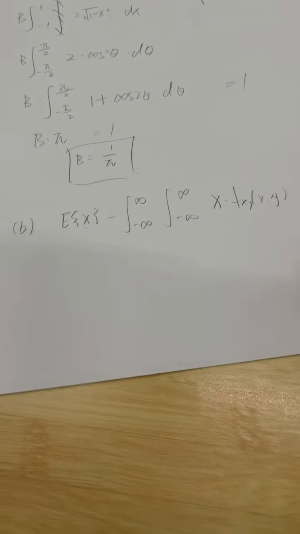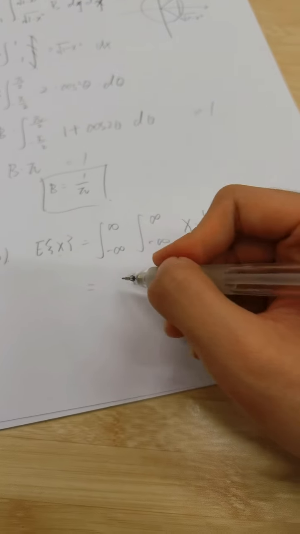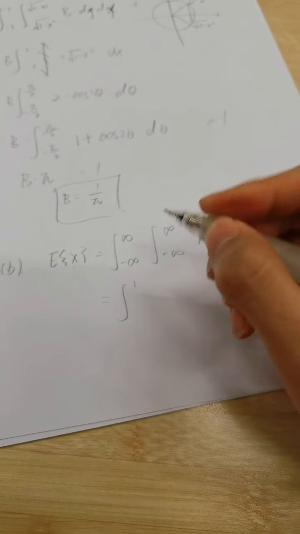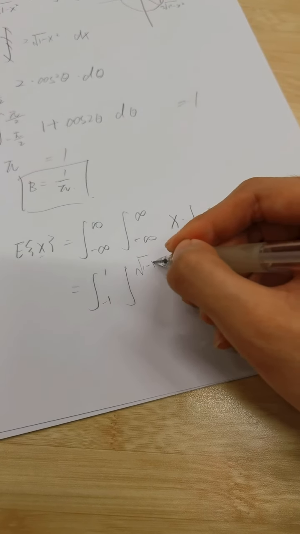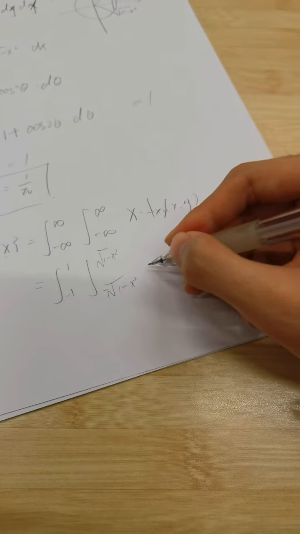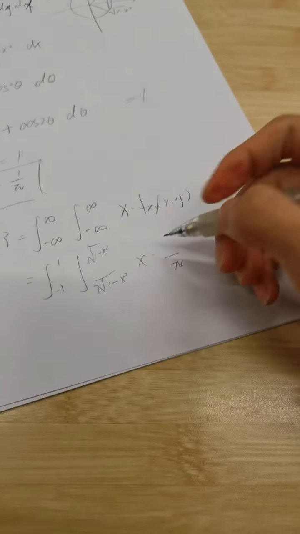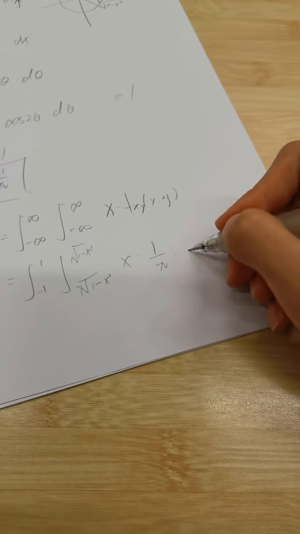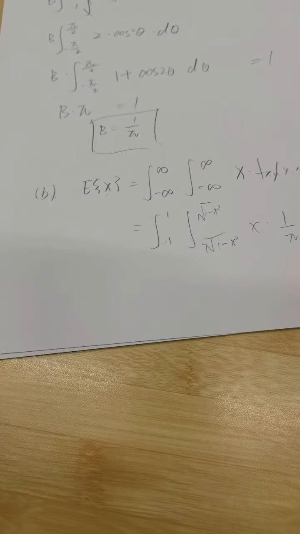So this is just the formula, and we put the numbers in. Because we already know b, we can directly use b, which is 1 over pi, times dy times dx.